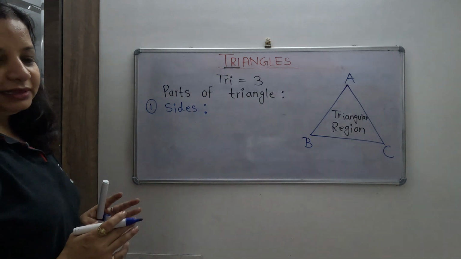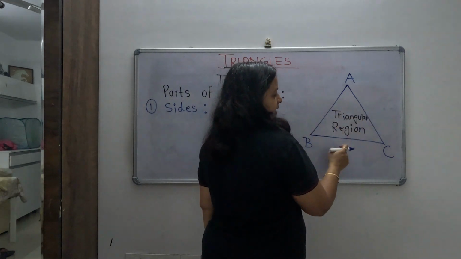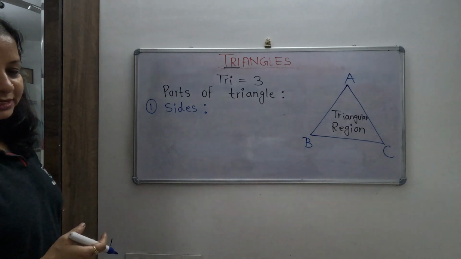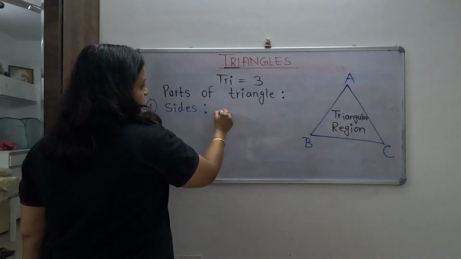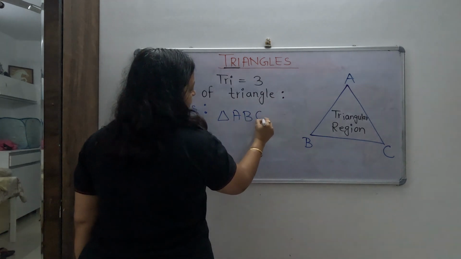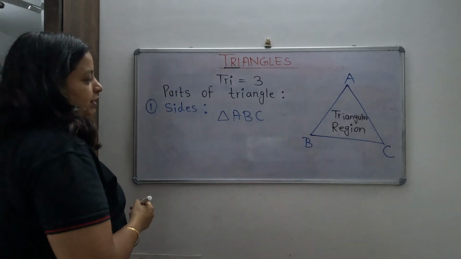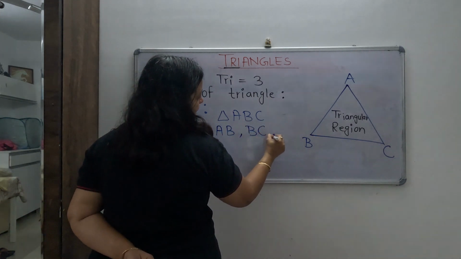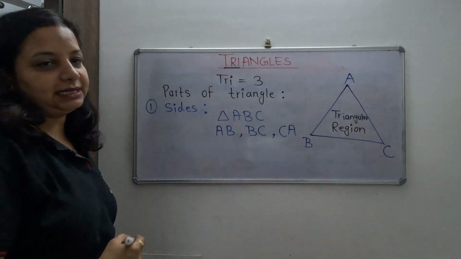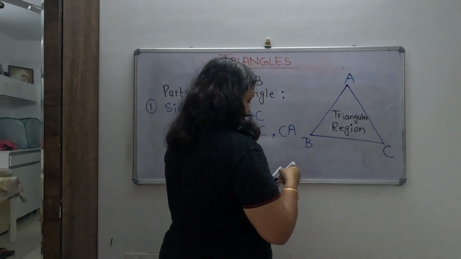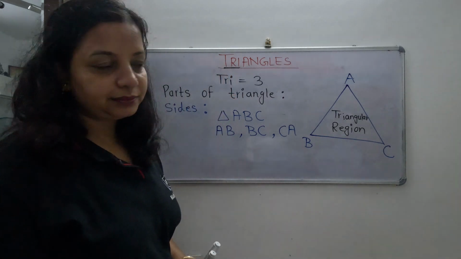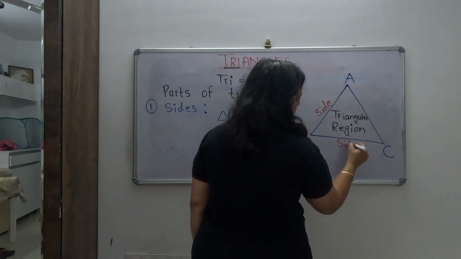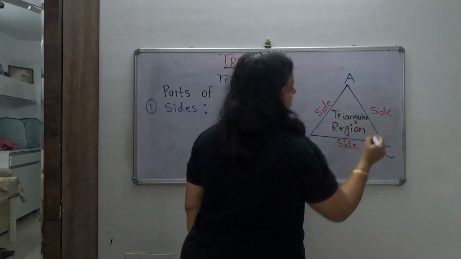The line segments that make a triangle are called its sides. In triangle ABC, how many sides are there? 3, as you know. What are the sides? AB, BC and CA. Side AB, side BC and side CA.